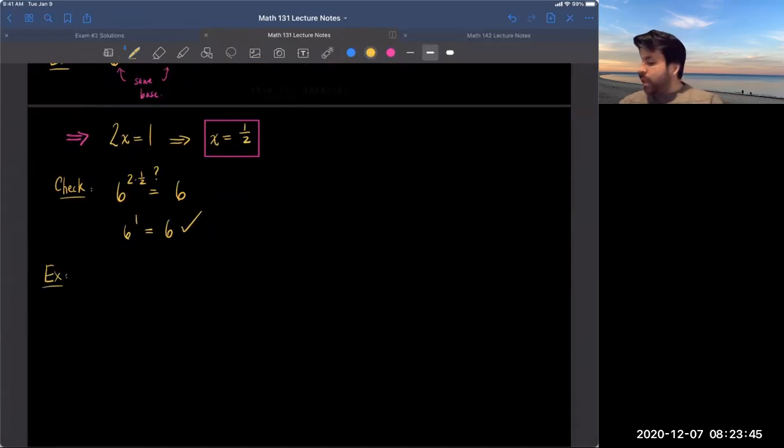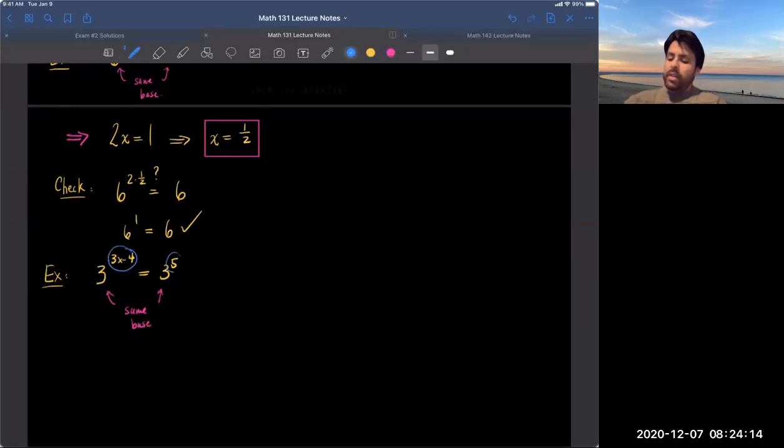Now, what if I get something that looks like this? 3 to the 3x minus 4 equals 3 to the 5th power. So again, same thing. I got the same base.